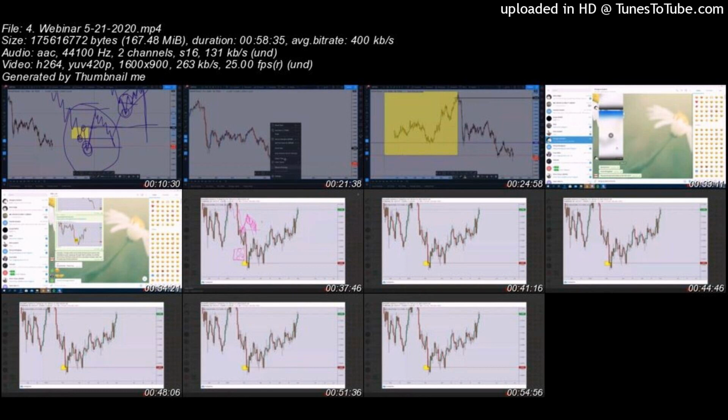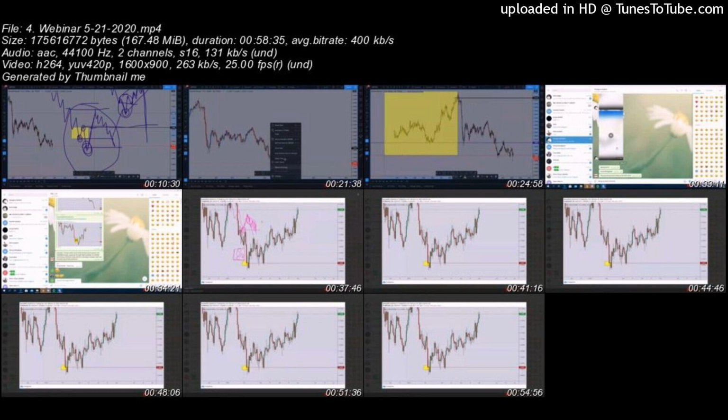So after breaking this, price eventually did come back down to test this level here, which was our second last lower high, okay? This was a lower low, then a lower high, then we made a new low, okay?